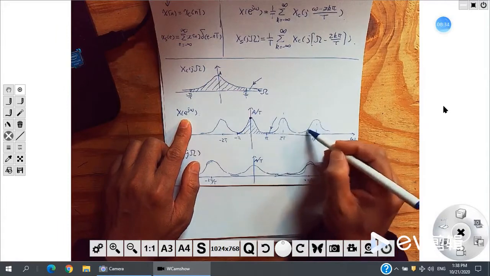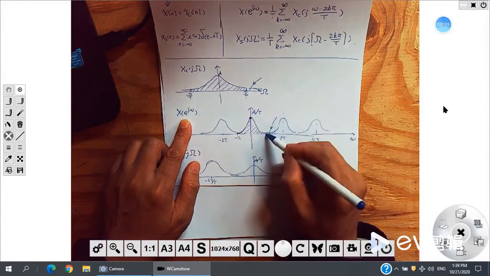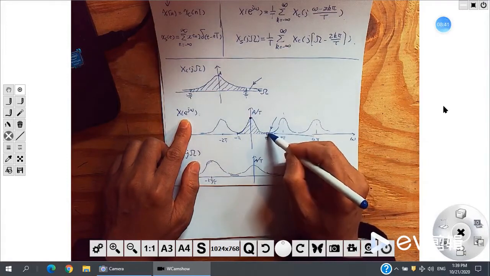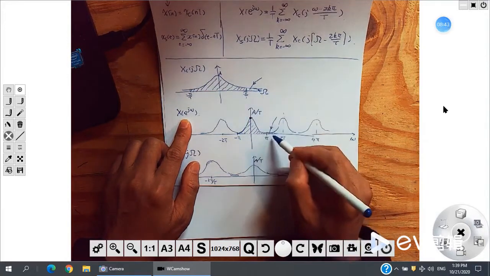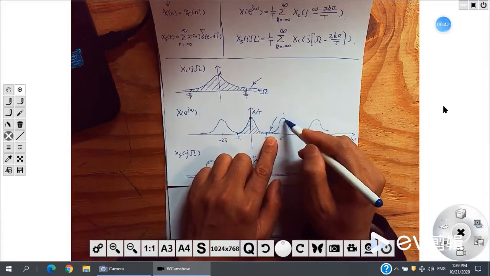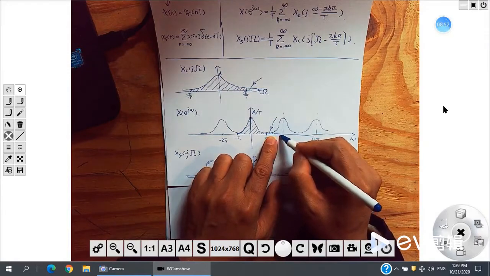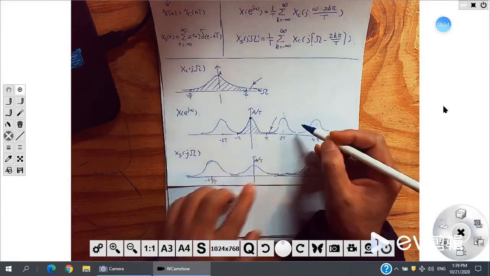You have a sequence of peaks. This peak will cover this part. So this part is coming to here and is covered by this peak, so you can't see it. It's a very small value compared with this one, but it is still there.